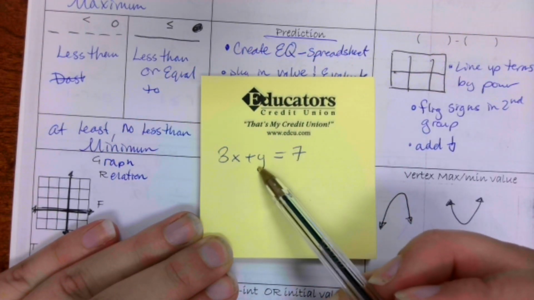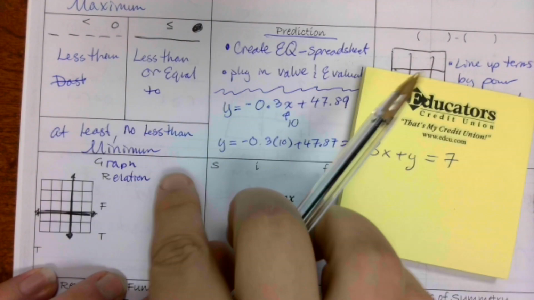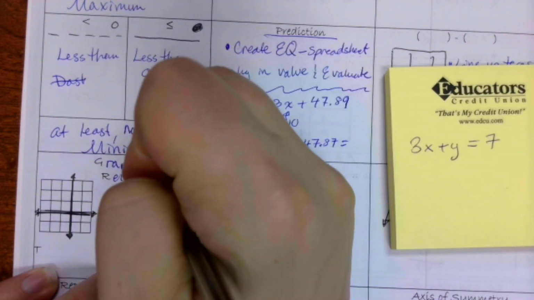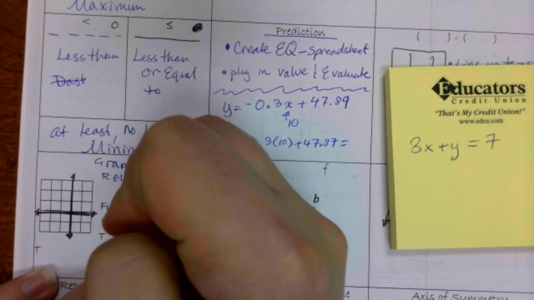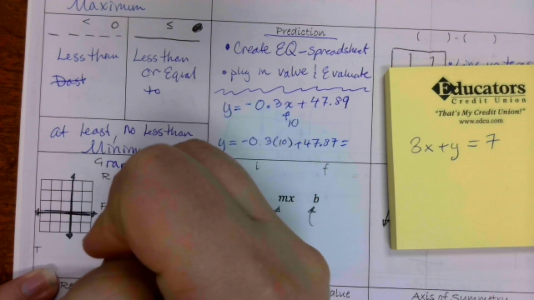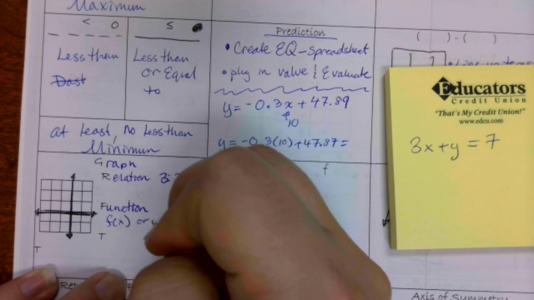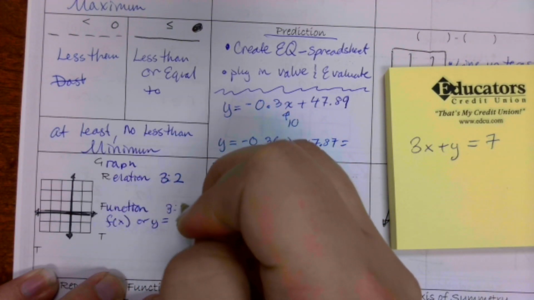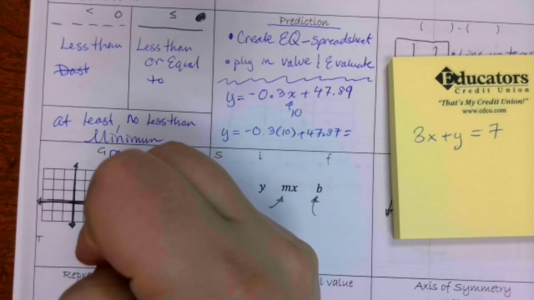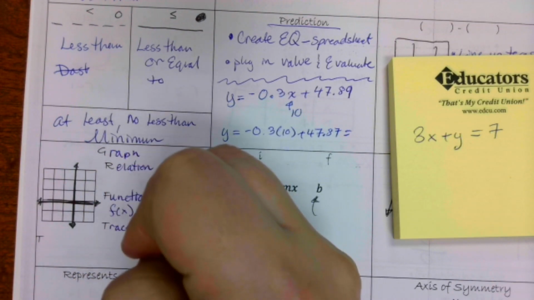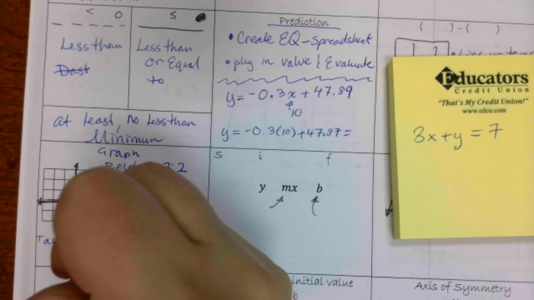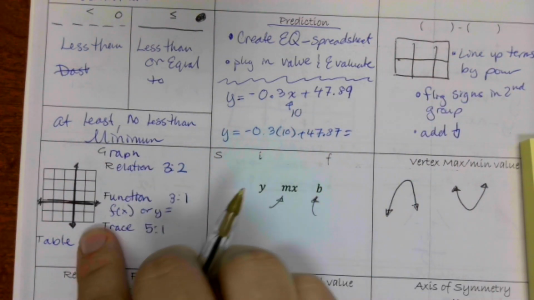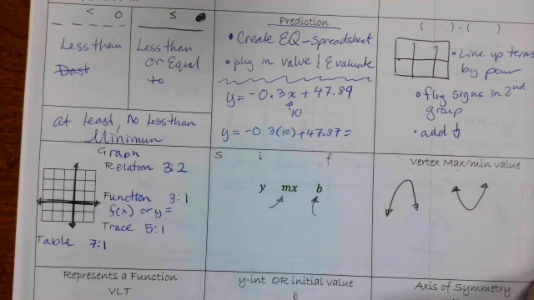Anytime it's not just a y equals, you go to relationship, and that is menu 3, 2. If it is a function, so a function is anytime it has this f of x notation or a y equals, it's just menu 3, 1. To get a trace, we use menu 5, 1. And to get a table, we use 7, 1. Those are all the different things in a graph you need to be able to do.